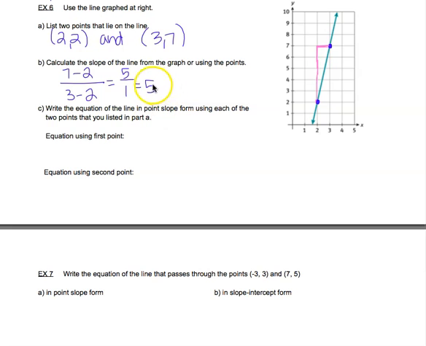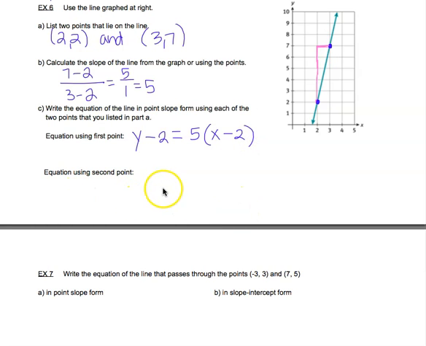All right, so now I know the slope of the line, and I know 2 points on the line. So that means that I can write the equation in point-slope form just like we did before. So using the first point, it would be y minus y1, which is 2, equals my m, which is 5, times x minus x1.